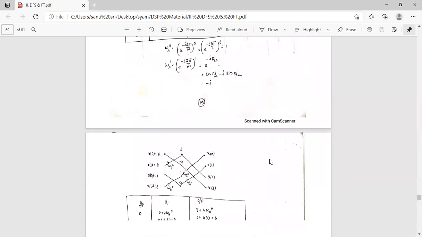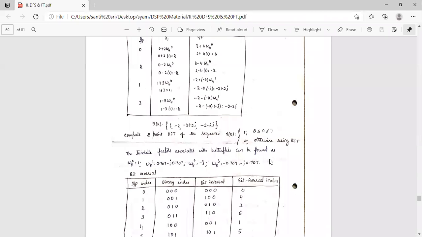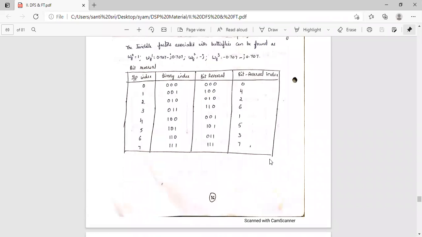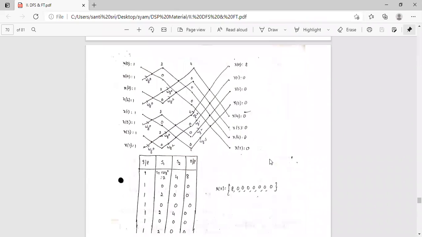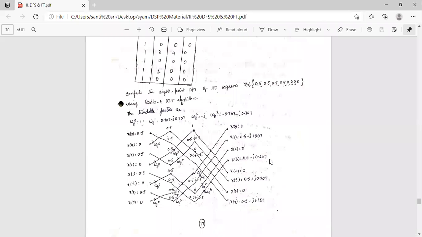So we have done these problems. These are the given inputs.